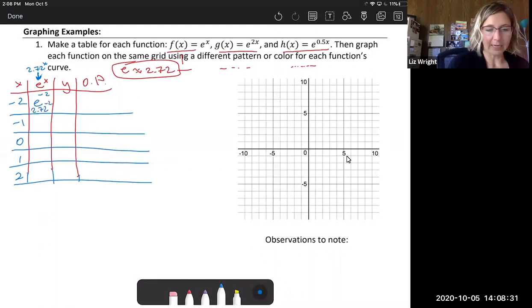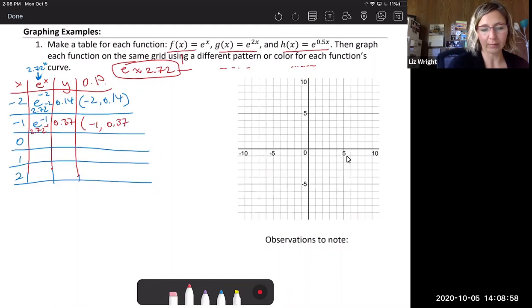And what you should be getting out is 0.14 for that. And then we're going to get -2, 0.14 for that ordered pair. Then we're going to do e to the -1. Again, you could also just put 2.72 to the -1. I don't care. Pick whichever one's easier. Then we're going to get 0.37, which is going to be -1, 0.37.